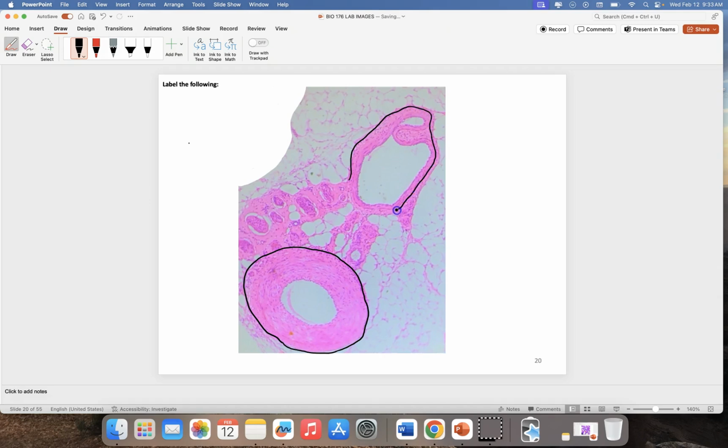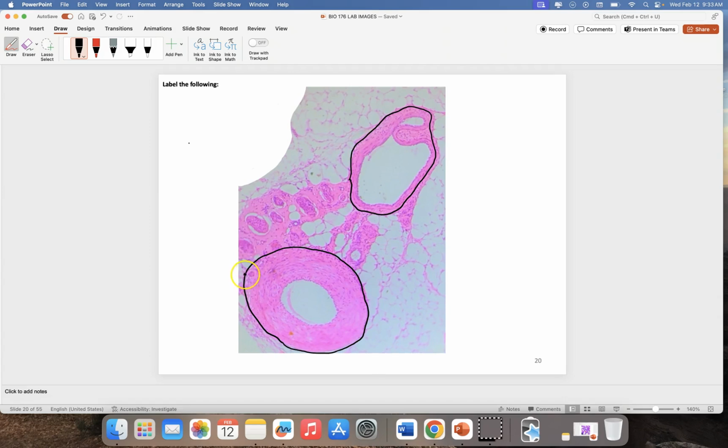Now we can notice that the first vessel I circled is much rounder, it's much thicker, and the second vessel I circled is thinner, it's a little more flattened, and again, the wall is thinner here.